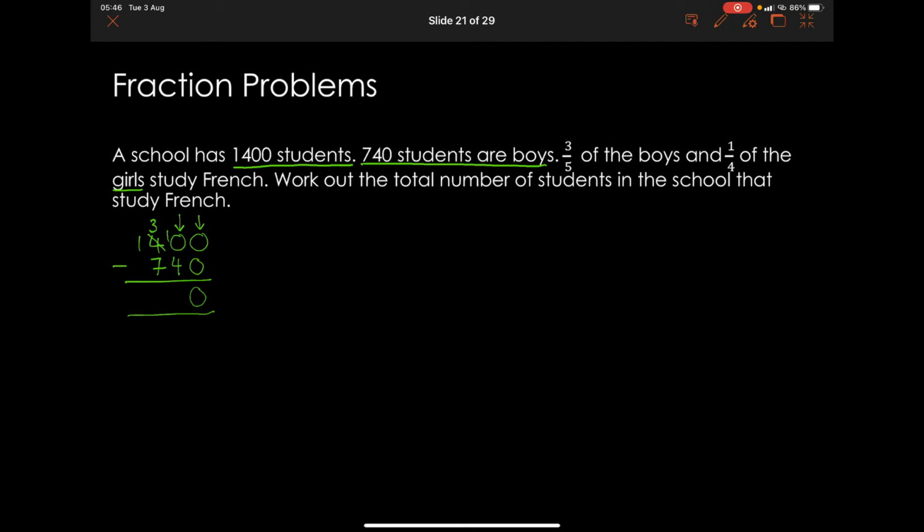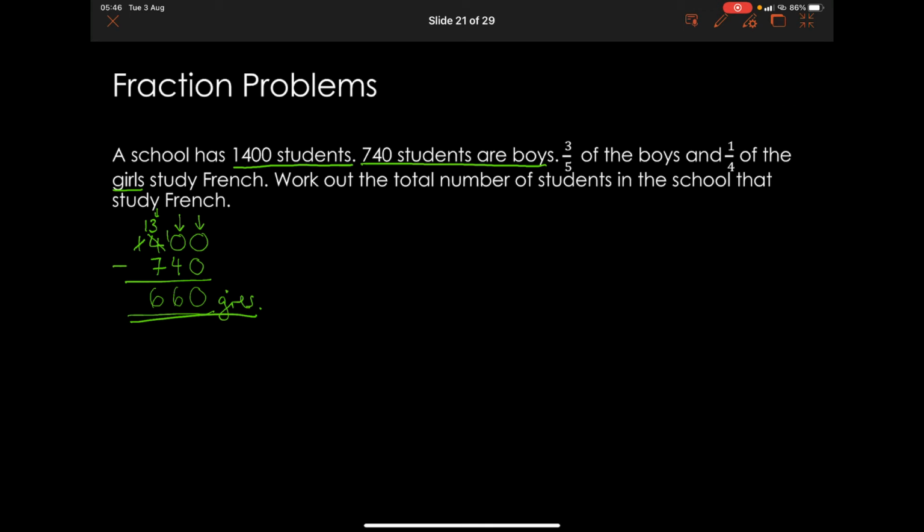So that would make it 10 take away 4. 10 take away 4 is 6. And then here we've got 3 take away 7. Okay, well if I just took that 10 instead, it would be 13 take away 7. 13 take away 7 is 6. So I know I've got 660 girls.